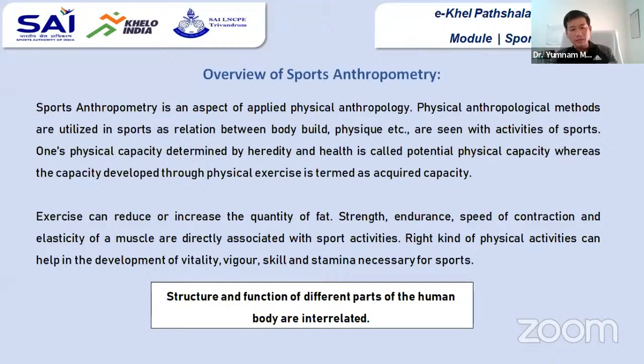These are all the overview of sport anthropometry. The structure and function of different parts of the human body are interrelated. Sport anthropometry mostly deals with the body structure and its functional relationship.